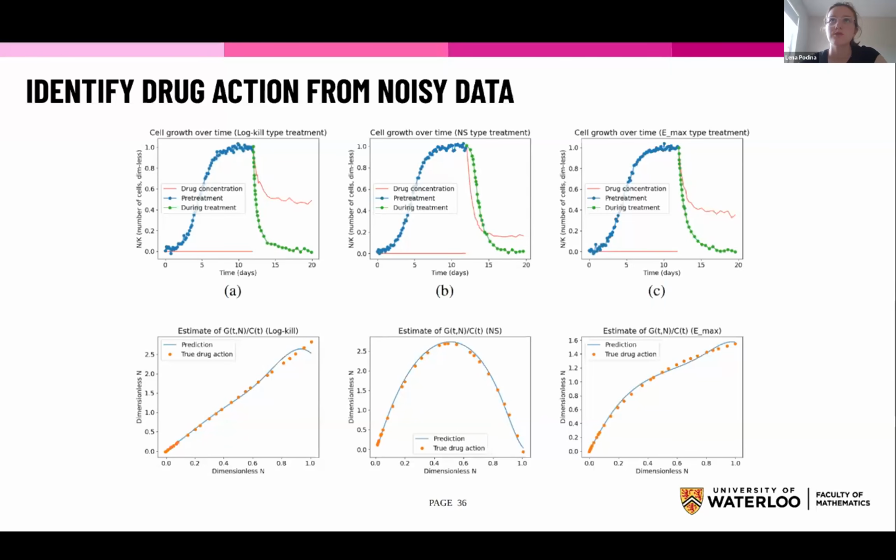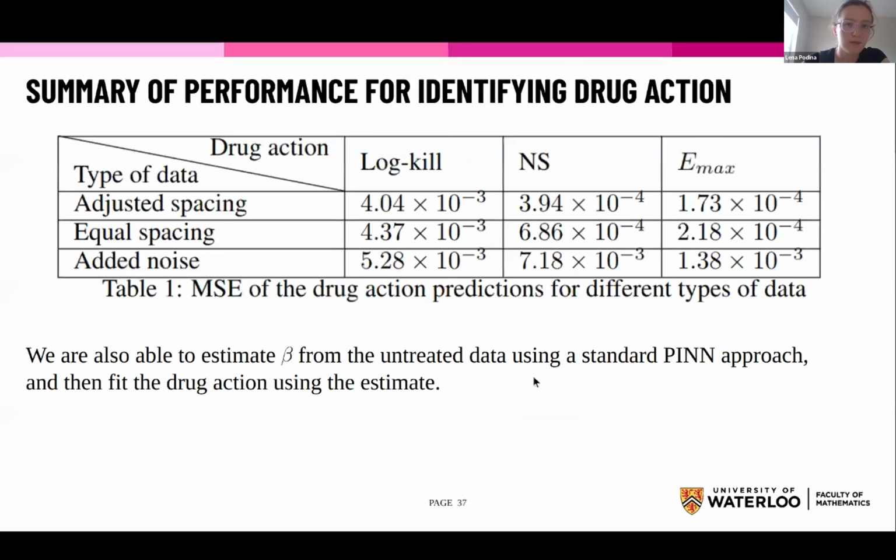So what this means is, if you have an experiment where you have these cells, you grow them, and then you apply some drug action, you would be able to learn what kind of drug action that particular chemotherapeutic has on those cells, rather than making an assumption for which one it is. Rather than just modeling it with all three of them, you can figure that out from data.